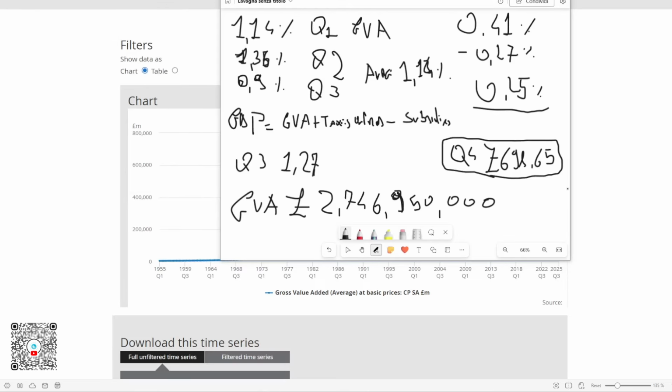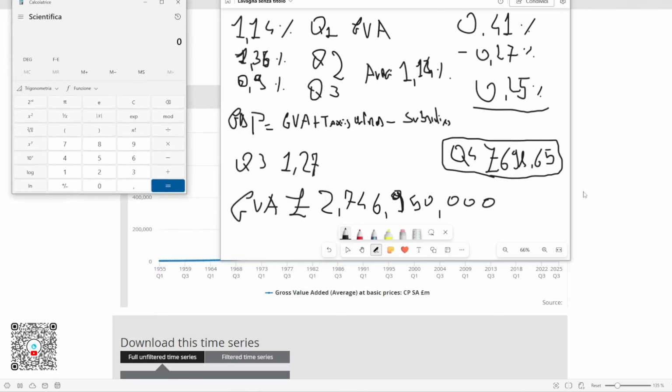So we can try and do another thing. Take our theoretical value, 698.65 divided by 689.89 minus 1 times 100, and we get, again, 1.27, which would be, in theory, the percentage growth rate.